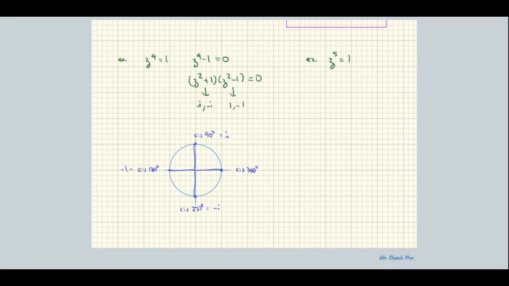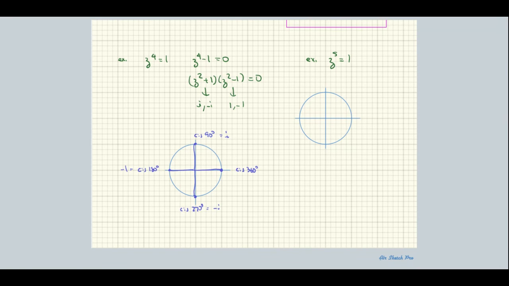Okay. And so here I'm going to start my little circle again. And now we're going to use that to just eyeball where the solutions are. 72 is what? That's more than 60, less than 90, right?